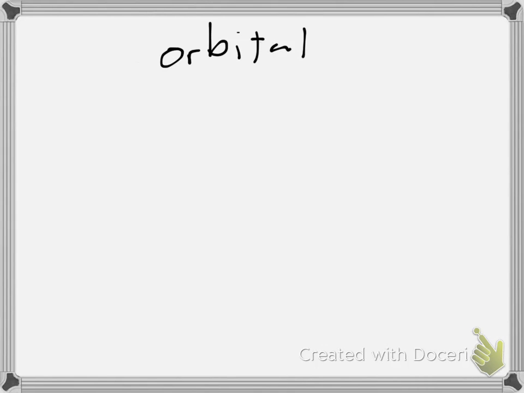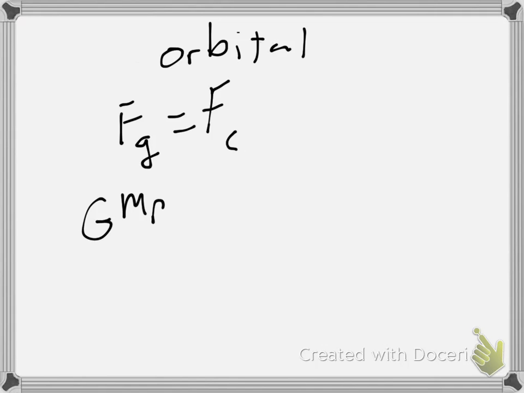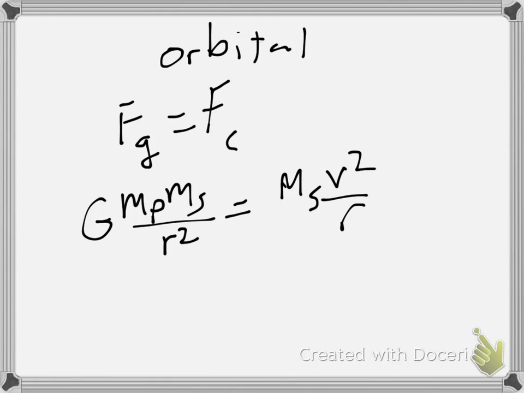The orbital velocity came from saying that the force of gravity is going to be equal to the centripetal force on that satellite. So we said big G, mass of the planet, mass of the satellite over r squared is going to equal mass of the satellite, v squared over r. Right?